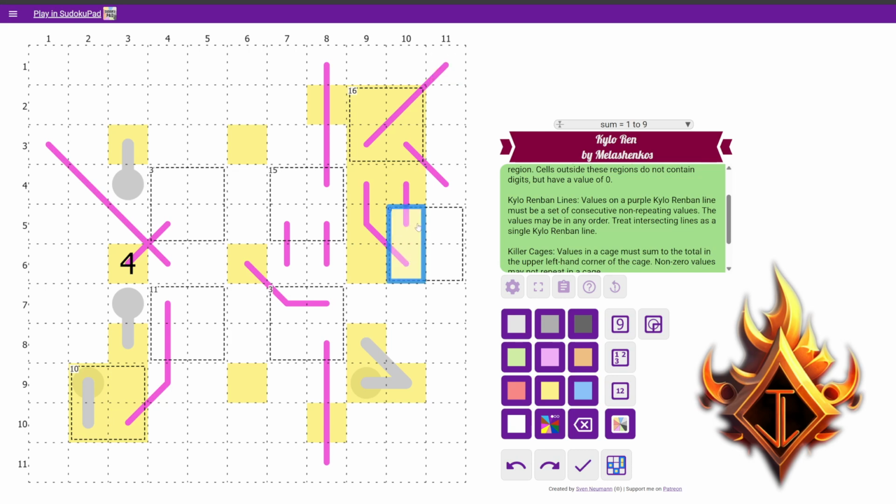This could easily equal 9 if both of those were 0. Ah, but it can't.